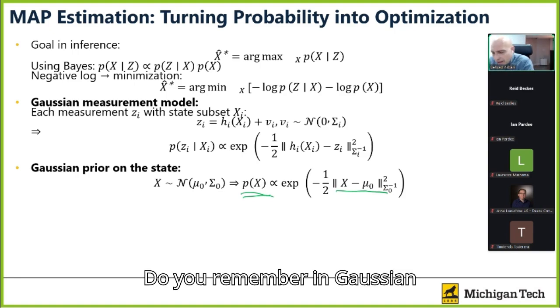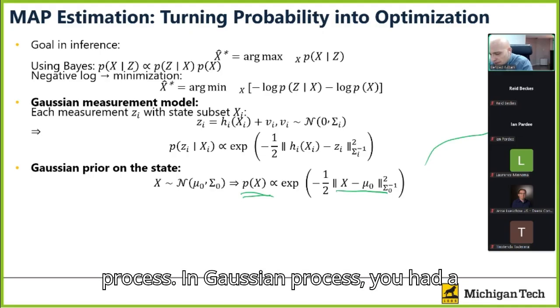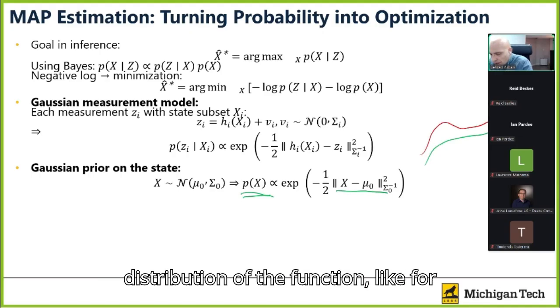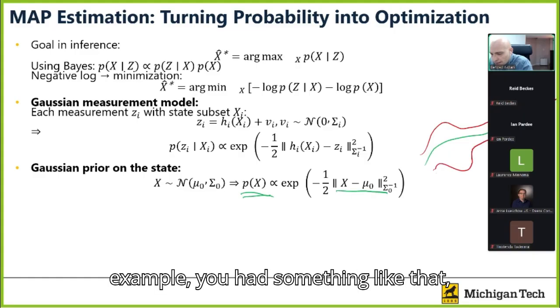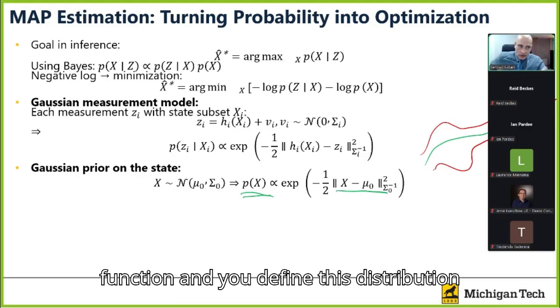Do you remember in Gaussian distribution? In Gaussian process, you had a distribution of the function, like for example, you had something like that, and you have a function, and you define this distribution in this function.